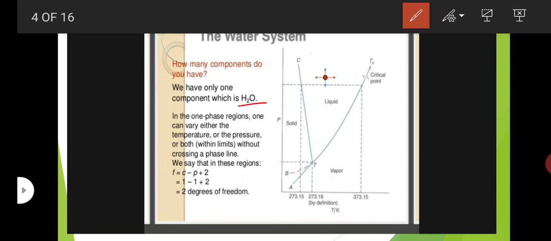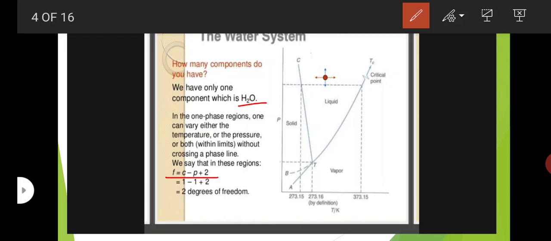In the one phase regions, one can vary either the temperature or the pressure or both within limits without crossing a phase line. We say that in these regions F is equal to C minus P plus 2. Here F is equal to C minus P plus 2 is the phase rule, where F is the degrees of freedom, C is the components, P is the number of phases, and plus 2.